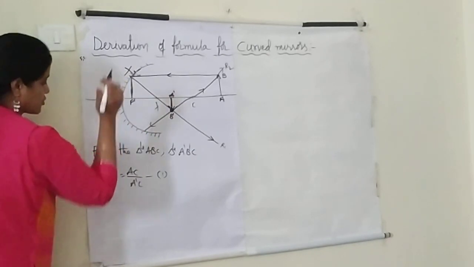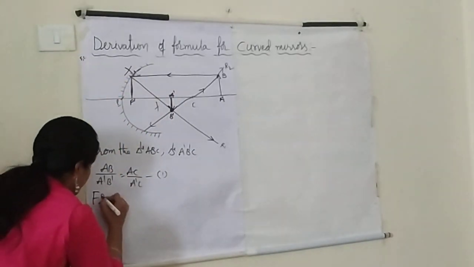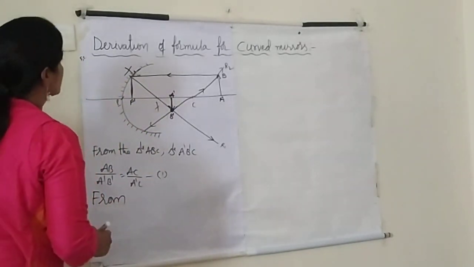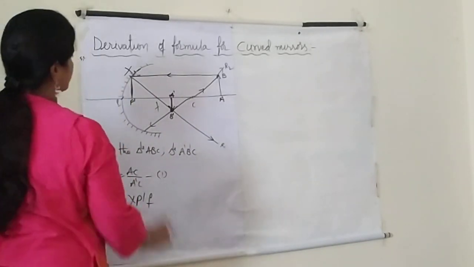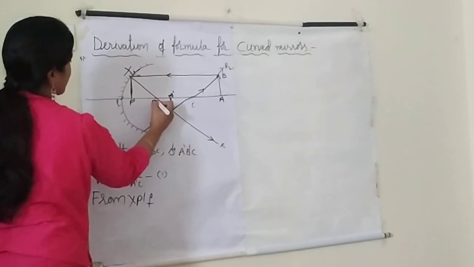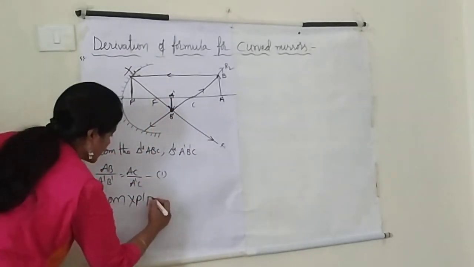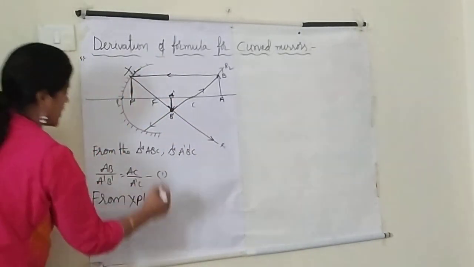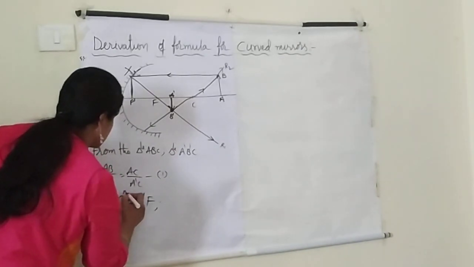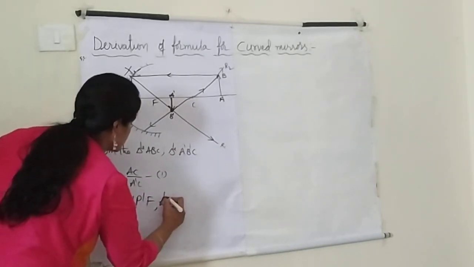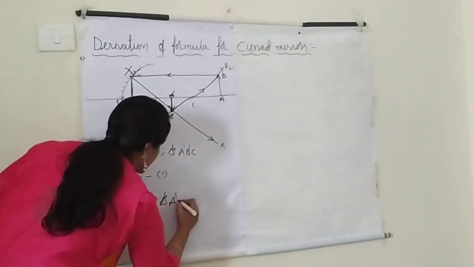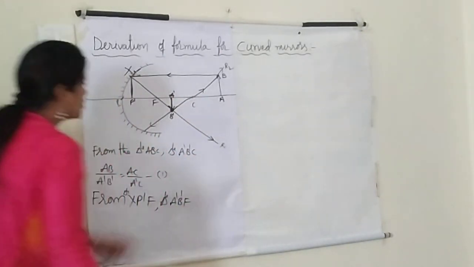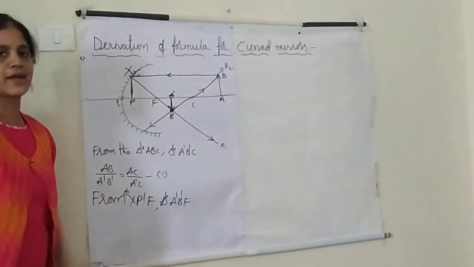So from this group, the triangle X P dash F and the other triangle A dash B dash F are similar triangles.